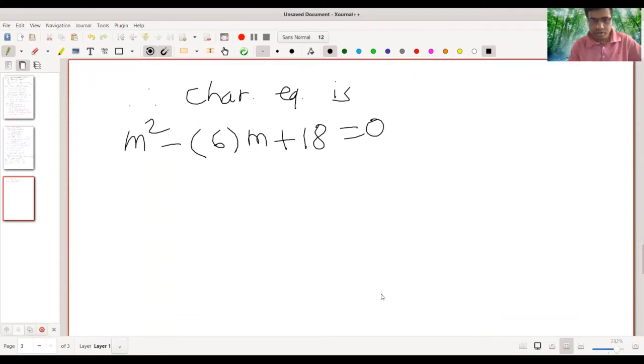Now we find characteristic roots or eigenvalues.